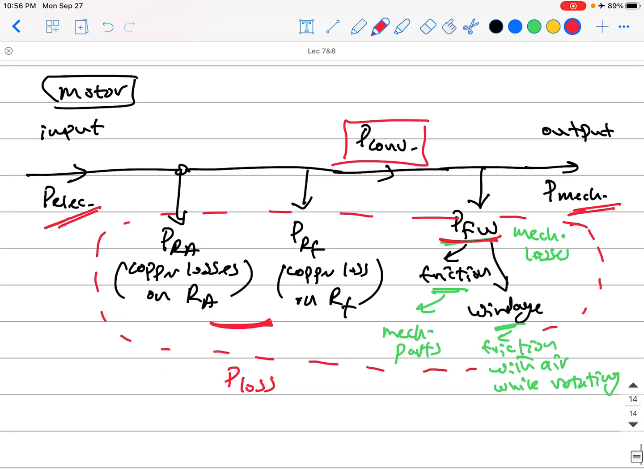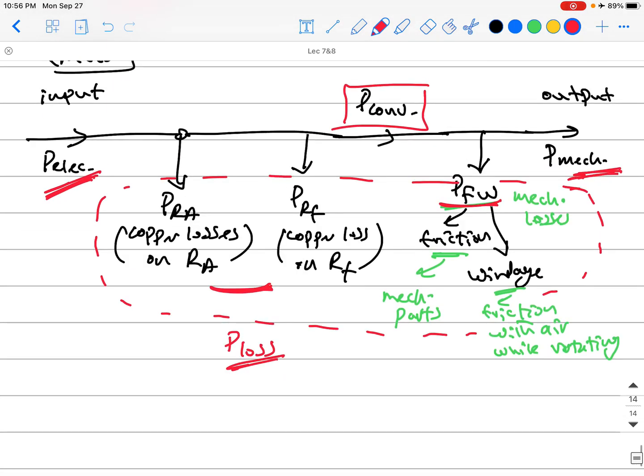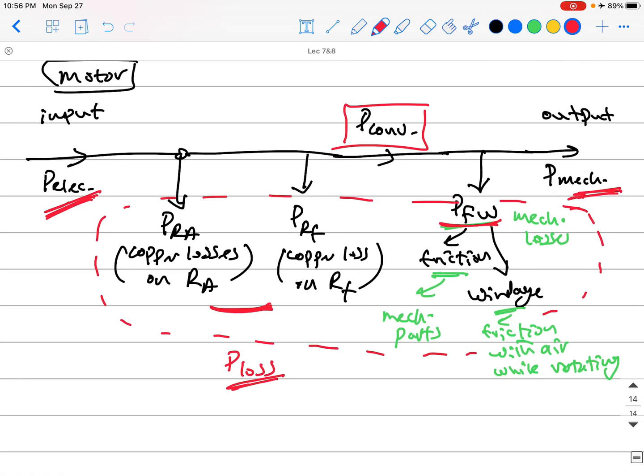And that's obvious. You input P electrical and output P mechanical, but you lose some of it on the way. Okay? A good designed machine will have as few power losses as possible, and that's your job as a designer of this kind of machine, to get as much gain, or efficiency as we call it here, as possible.